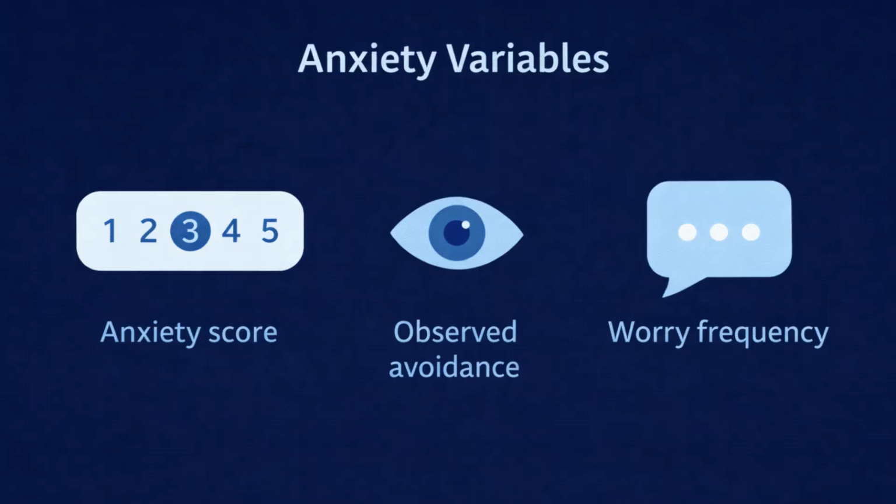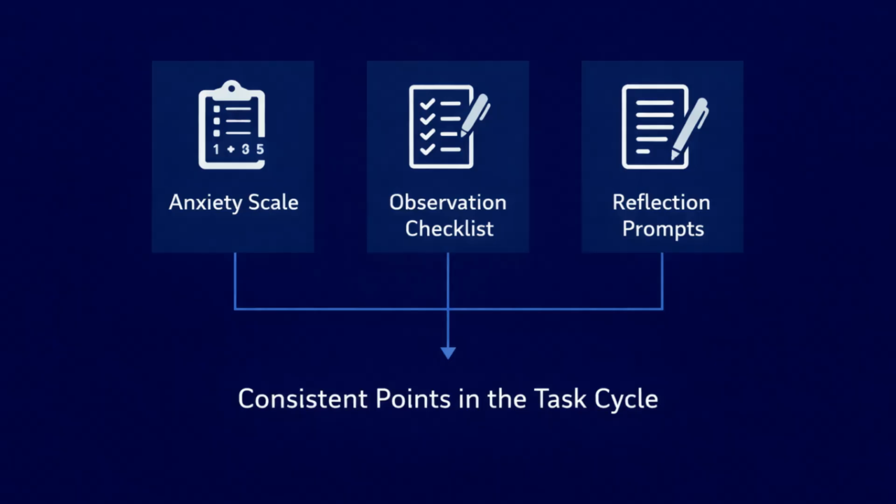Variables representing those dimensions could include an anxiety score from a validated scale, observed indicators of avoidance during tasks, and self-reported frequency of worry thoughts during learning activities. Those variables could be measured using a standardized instrument for anxiety, a structured observation checklist, and brief reflection prompts administered at consistent points in the task cycle.